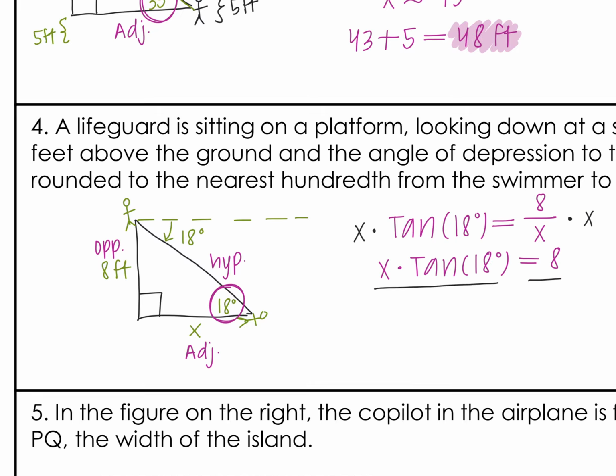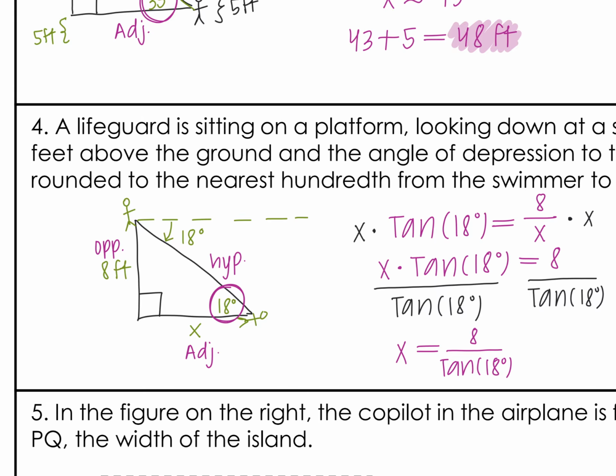So I am going to use my inverse operation, and we are going to divide. And so here you should be left with x is equal to that 8 divided by tangent of 18 degrees.